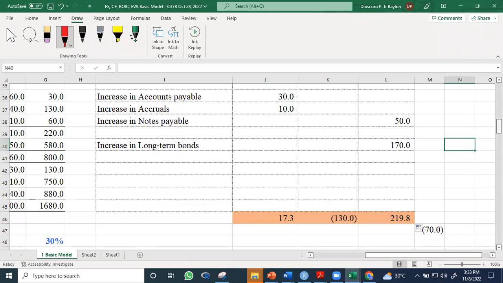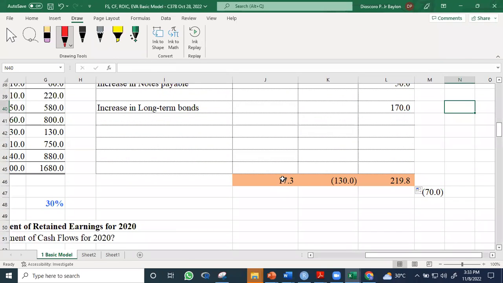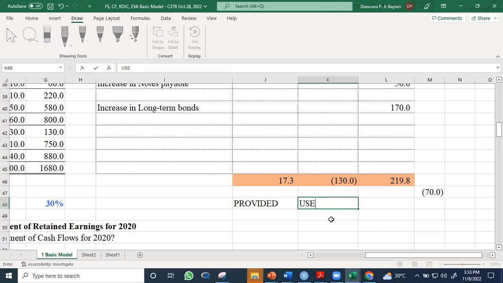Okay, so from the operating activities, so operating activities provided a cash flow of 17.3, while investing activities used, okay, used a total of 130, and then si financing naman provided din.